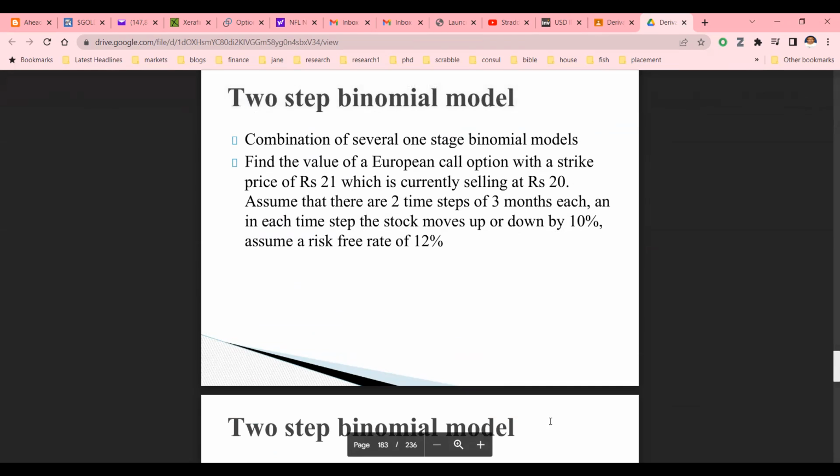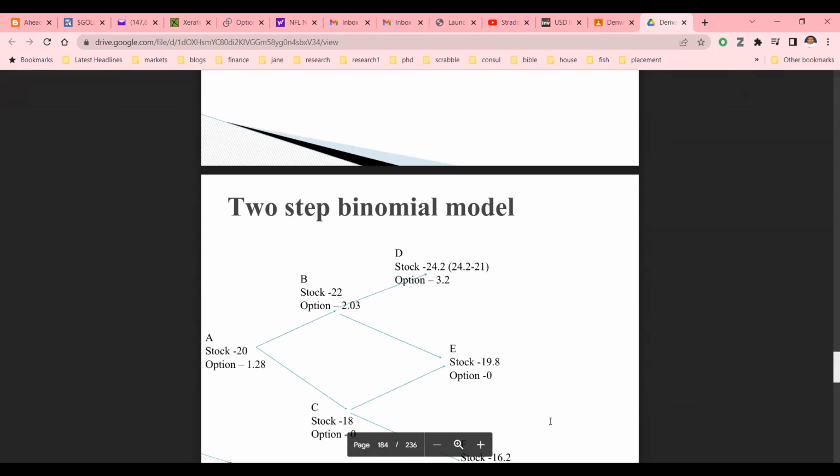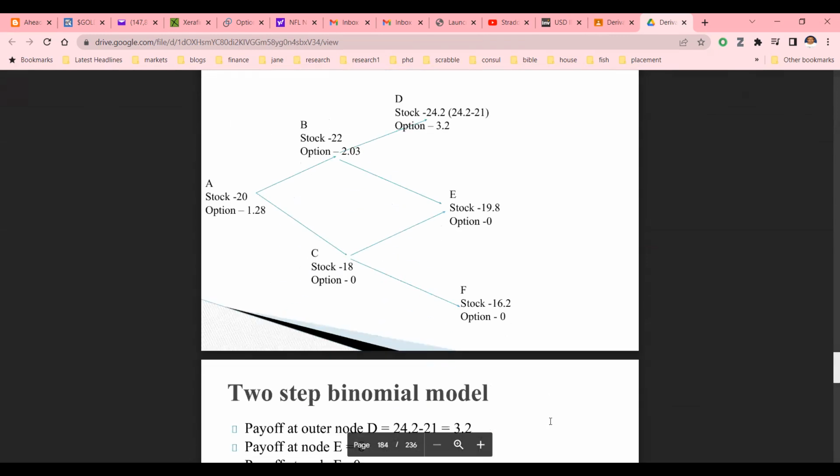Is that clear? Yes, sir. It can be anything like you said, but I am just using the values given in the question. So now you understand the stock price is given there. Yes, sir. And at point D, how the value of 3.2 came? It is market price minus strike price. Okay. Are we clear on that?